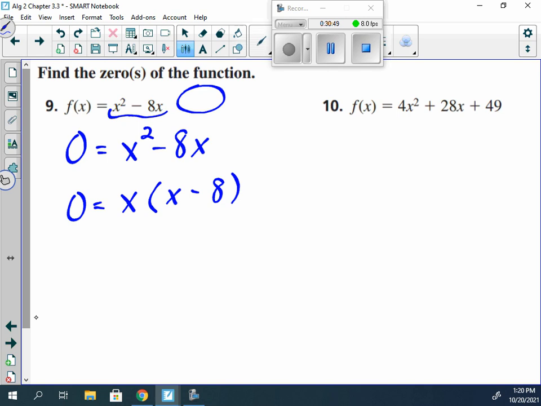Now, we can't divide it out like we did with a number. If we divided this by x, we would have removed one solution from the entire equation. We need both. Well, now we do have two things multiplied together to equal 0, yes? So one of them has to be 0. So we were saying that x is equal to 0, or x minus 8 is equal to 0.